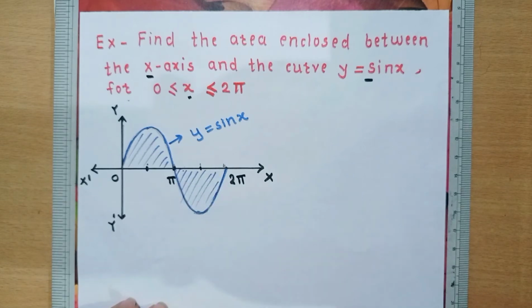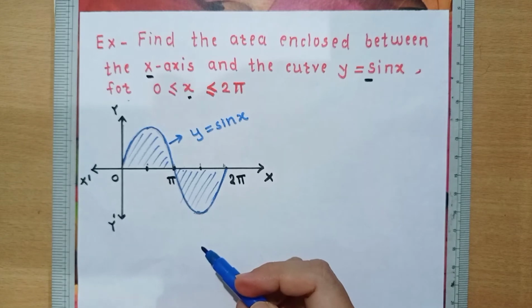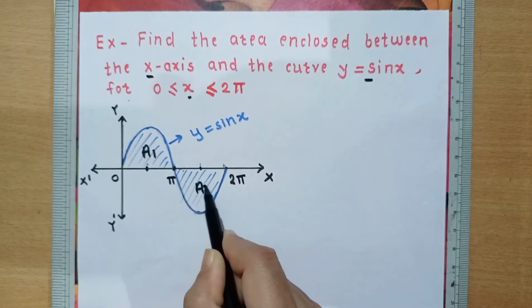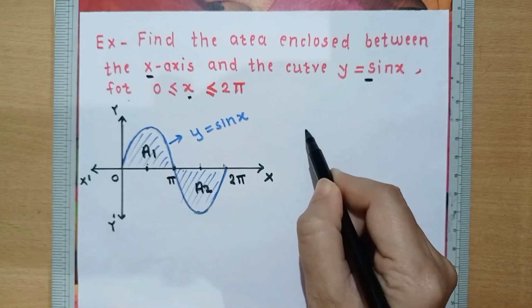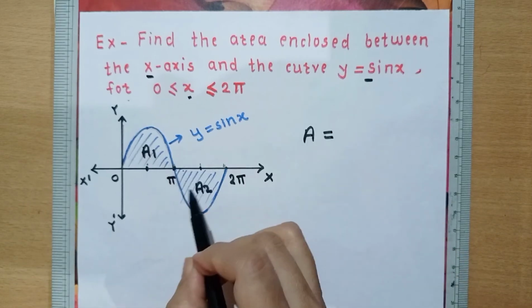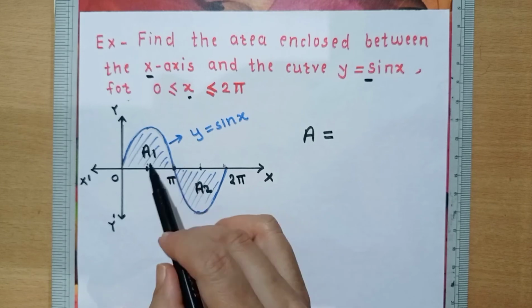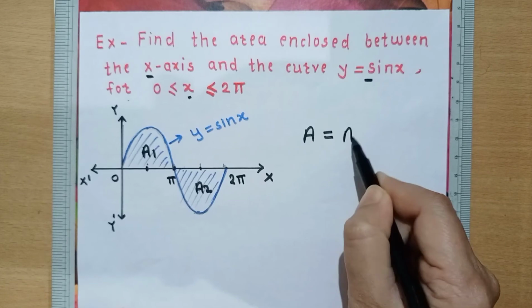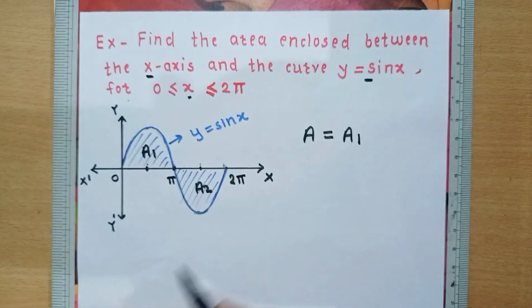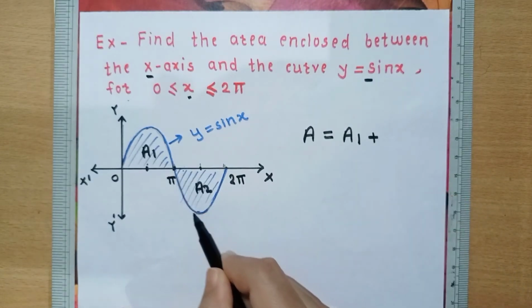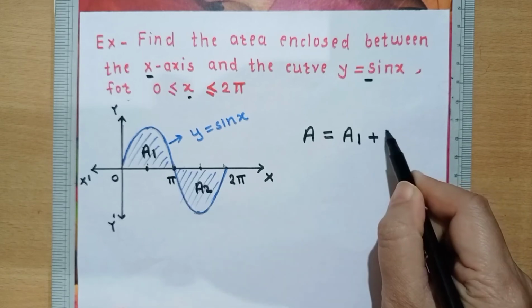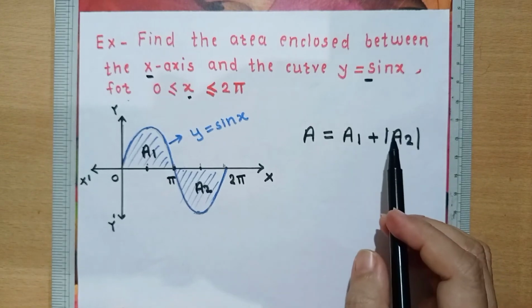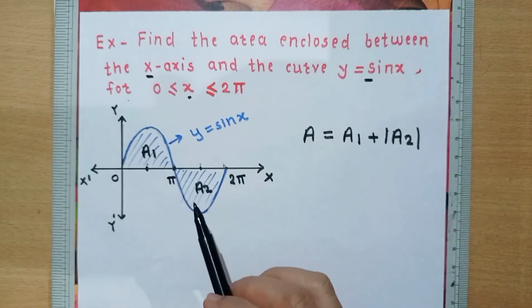So this is the required area. We will assume this area as A1 and this area as A2, and so the required area A is equal to the sum of these two areas. But since this curve is above the x-axis, we will consider this area as positive, and here this curve is below the x-axis, so we will write mod A2. So we will use this formula and find the required area.